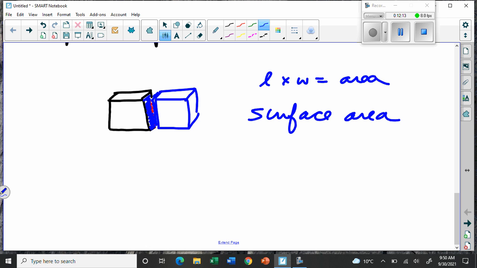So to speak. But is there a way where we could get more of the black box to touch more of the blue box? Is there a way we could make them touch more? Well, there actually is. Because what we can do is chop them up into little blocks.